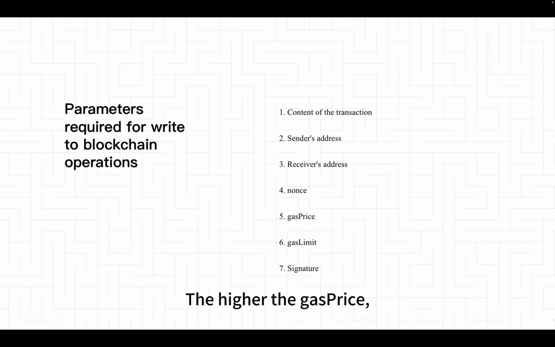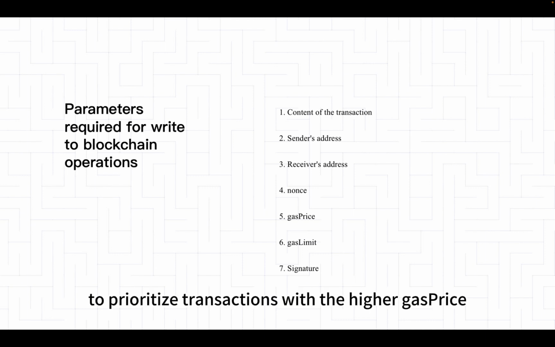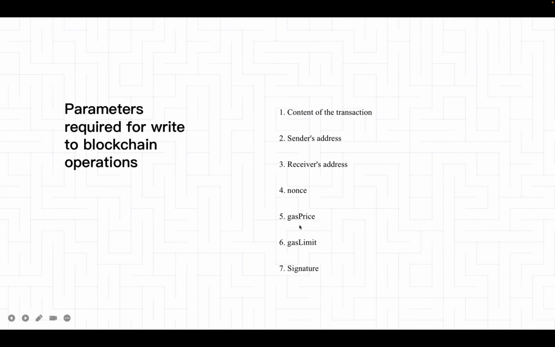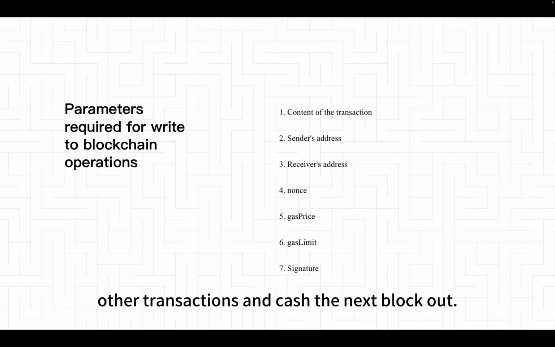The higher the gas price, the higher the likelihood that a miner will be willing to include the transaction in the new block. Miners will choose to prioritize transactions with a higher gas price because it allows them to earn more fees faster than other transactions and cash out the next block.